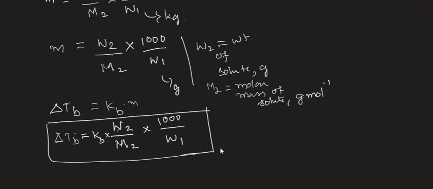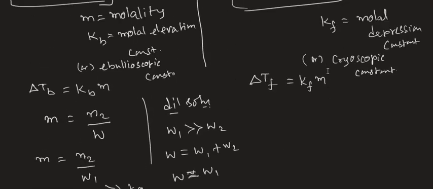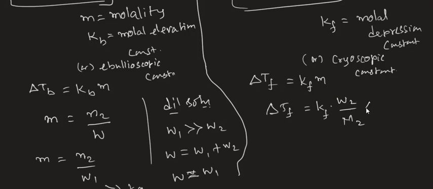Similarly, you can explain delta TF. The same logic can be applied here. So delta TF is equal to KF into m, which is nothing but W2 by M2 into 1000 divided by W1.